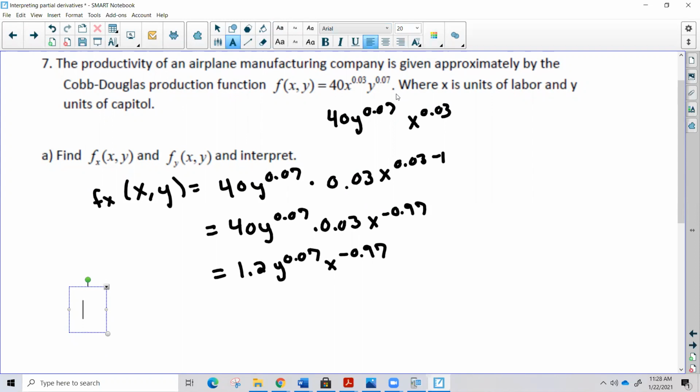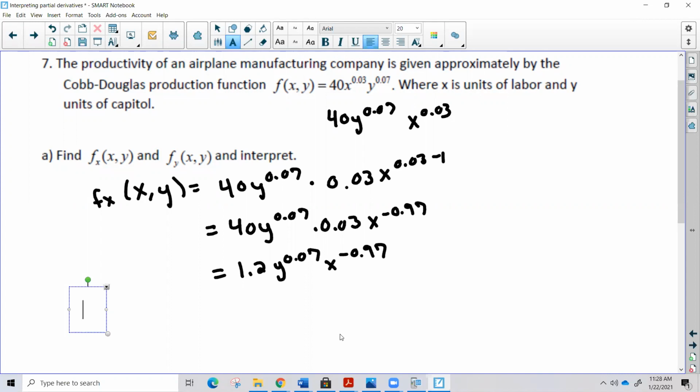So this function is giving us how much our F function, which is the productivity of the airplane manufacturing, is changing when the units of labor increases from X to X plus 1 and the units of capital are staying the same.